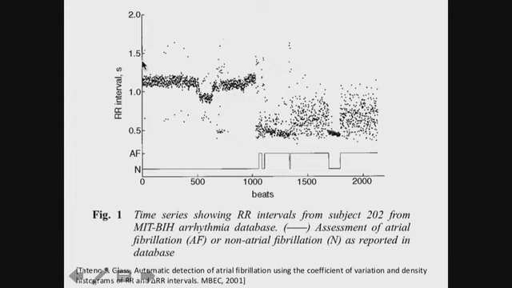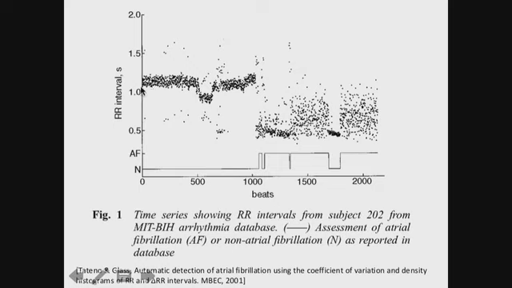The y-axis is just showing the RR interval between the previous beat and the current beat. Okay? And down here in the bottom is the ground truth of whether the patient is assessed to have a normal rhythm or atrial fibrillation, which is noted as this higher value here. So these are AF rhythms. This is normal. This is AF again.